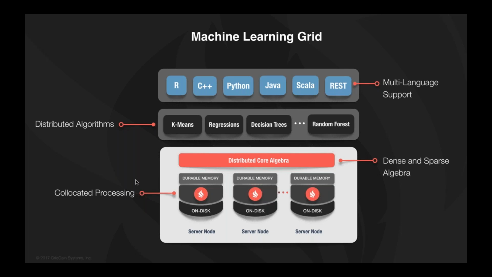We are working on k-means clustering, linear or logistic regressions, and all the time you can expect more APIs and algorithms to be available in Apache Ignite. Presently, the APIs are supported for Java and Scala, but the overall goal is to make them available for other programming languages such as R, C++, or Python.